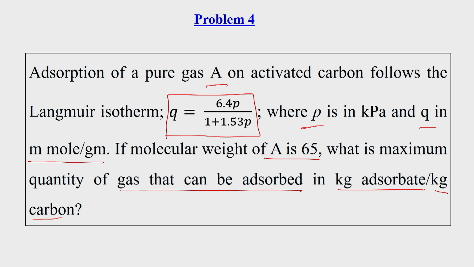Okay. So we need to understand that we are trying to get the maximum quantity of gas to be adsorbed on the activated carbon. So we will be starting like this. We know that as per this Langmuir isotherm, Q is equal to Qm into Kp by 1 plus Kp.